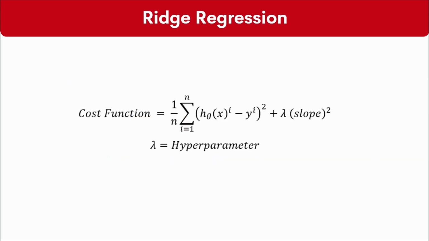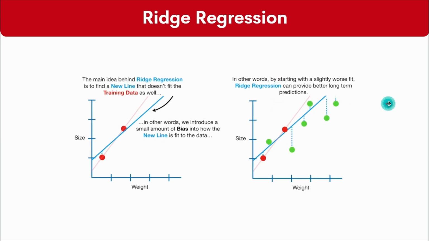So in the cost function, it is going to add a hyperparameter to your slope value. This lambda will adjust these values so that the error calculation is going to be altered based on this hyperparameter lambda value.